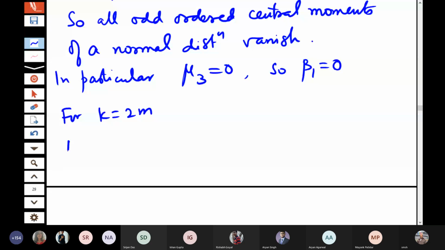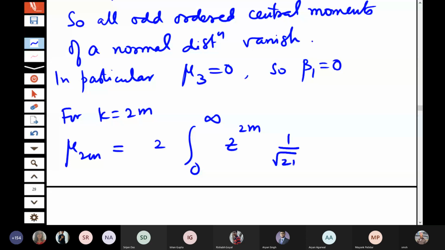Then this mu 2m will become 2 times the integral from 0 to infinity of z to the power 2m, 1 by root 2 pi, e to the power minus z square by 2.